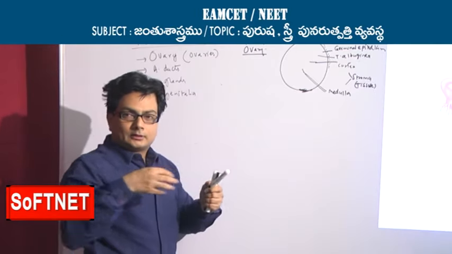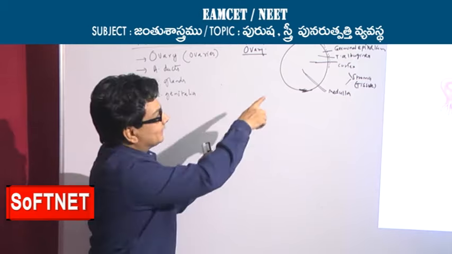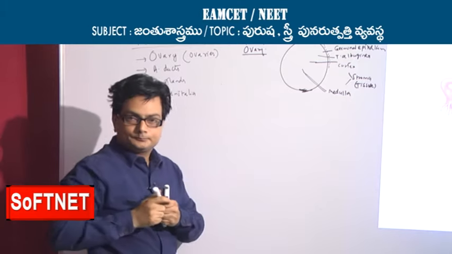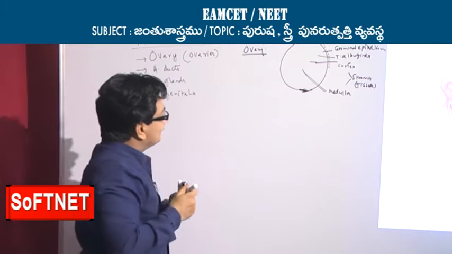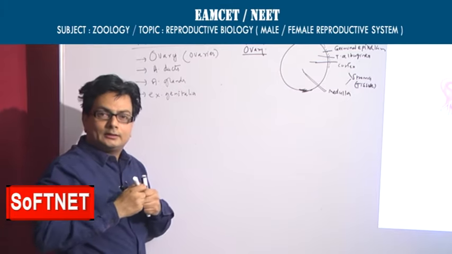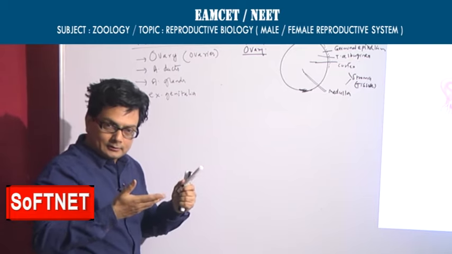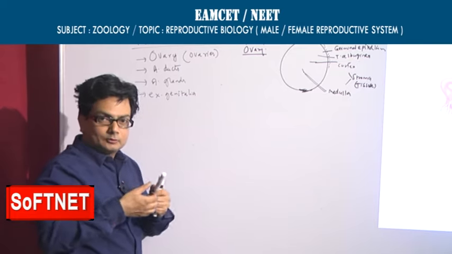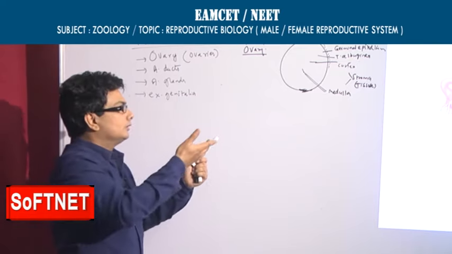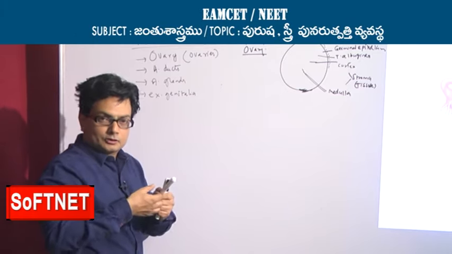All these follicles are well spread out within the cortex of the stroma. The ovary, having 4 regions, produces the secondary oocyte during ovulation, and also the sex hormones estrogen and progesterone.